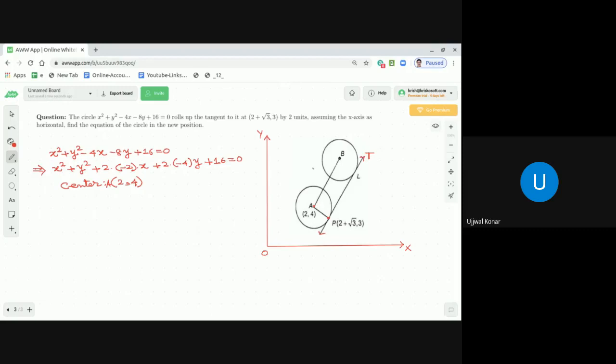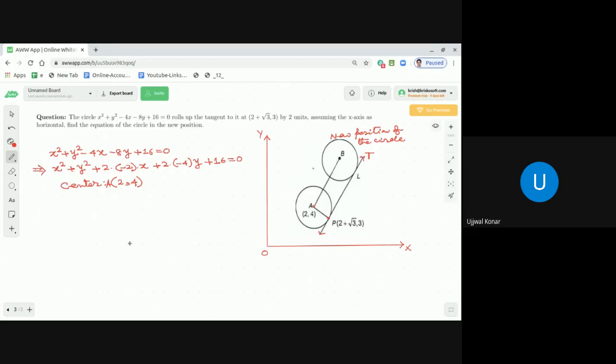That means the distance between P and L is 2 units. Then after rolling up, what will be the new position? That is the new position of the circle. Now what we need to find is the equation of this circle at this new position. Correct?